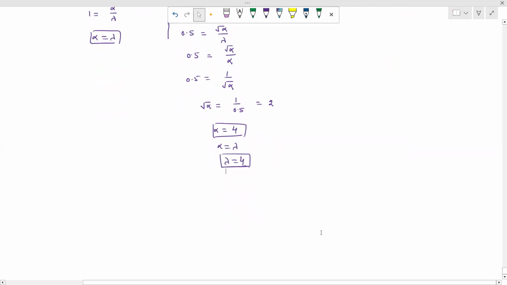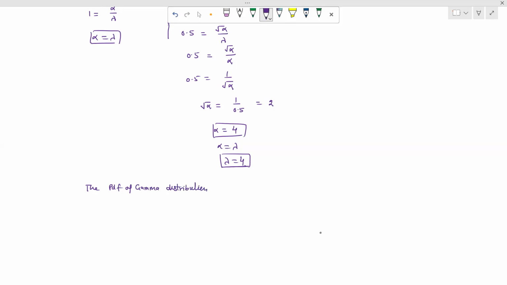So when we obtain these two parameters, now we write down the PDF. The PDF of the gamma distribution, f(x) is equal to lambda raised to the power alpha, x raised to the power alpha minus 1, e raised to the power minus lambda x, upon gamma alpha, here x greater than 0, and 0 otherwise.